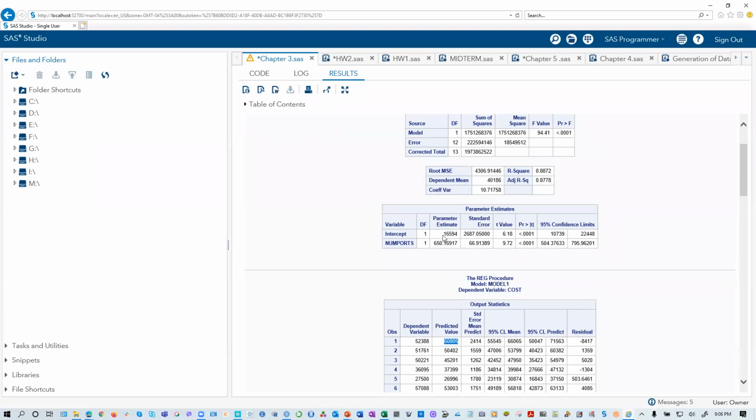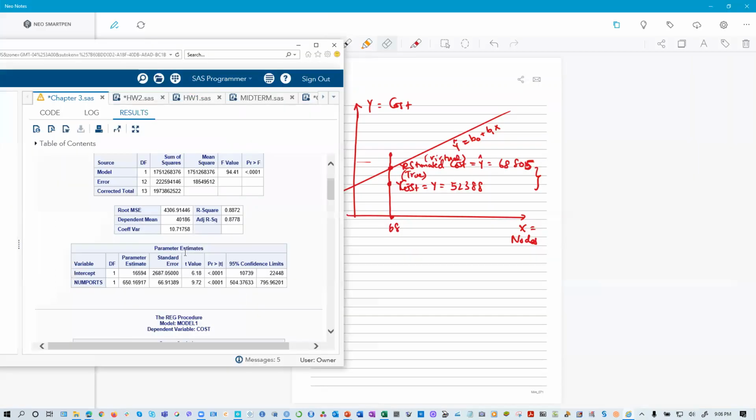See, 16,594, the intercept. Intercept means b0. I'm going to write here cost. I'm going to say estimated cost again for everything, not for the given number of nodes.